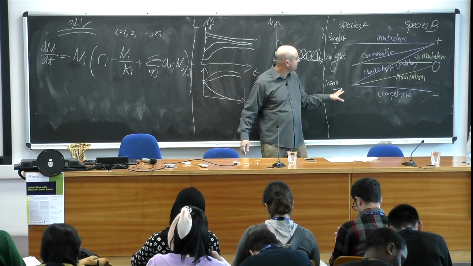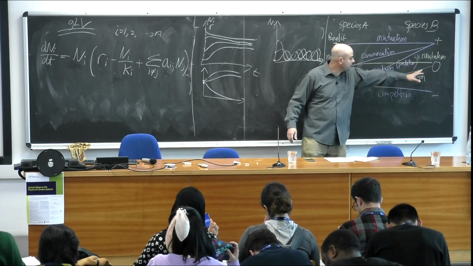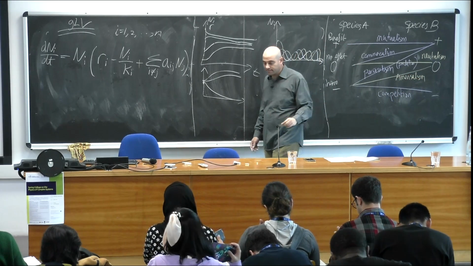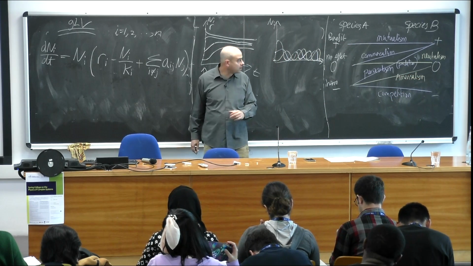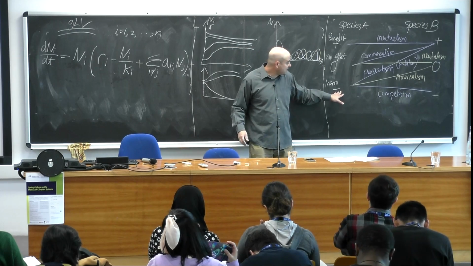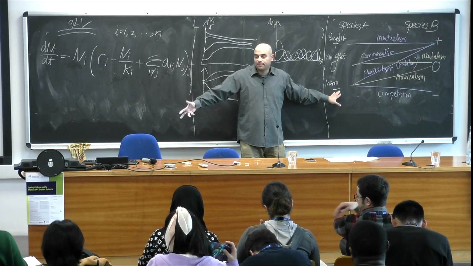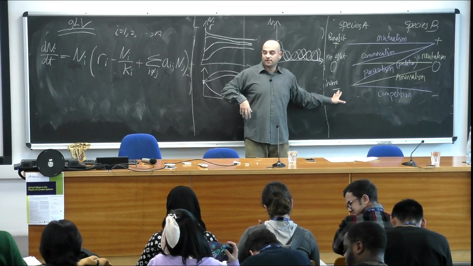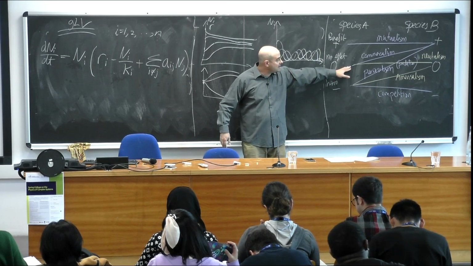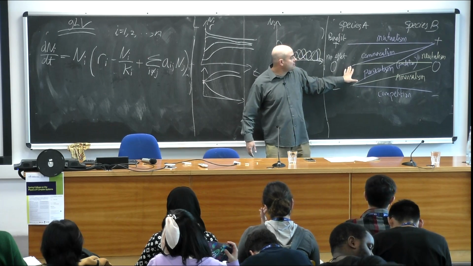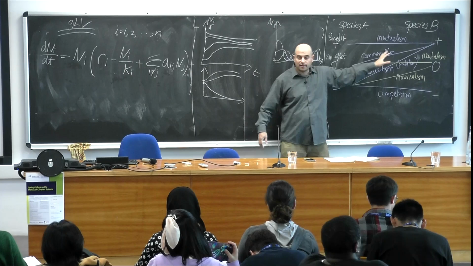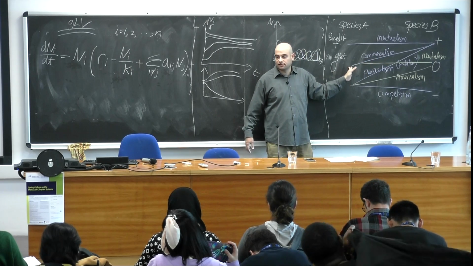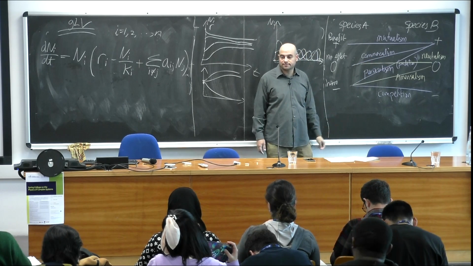If one is negative and one is 0, then you have amensalism, where you harm the other species, but you gain no benefit yourself, right? And commensalism is when you help the other species, but you gain no benefit yourself. Okay?